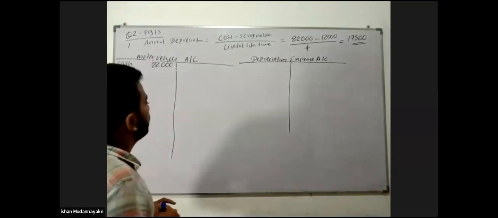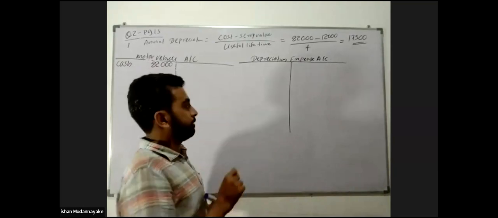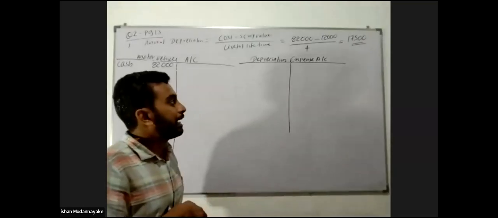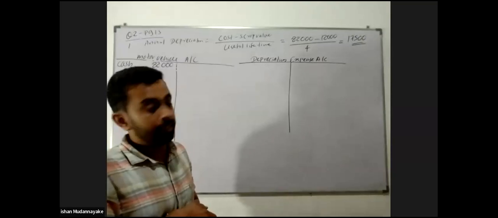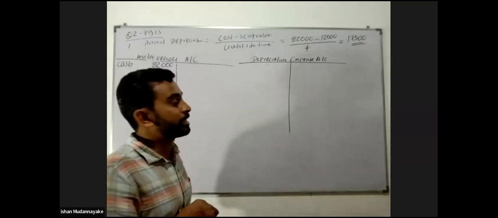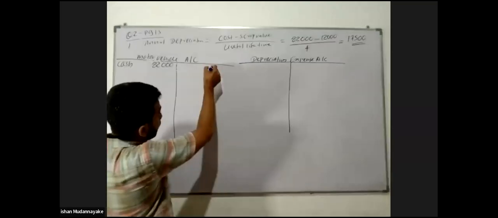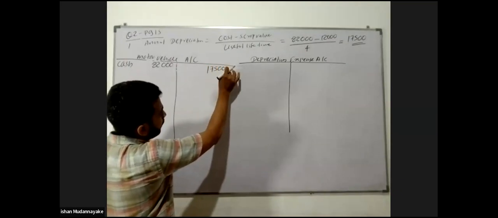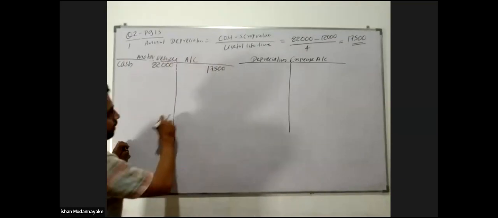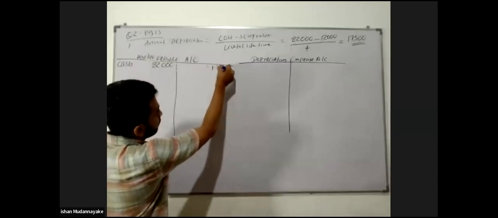In the first year, depreciation of how much? 17,500. Then how to pass the double entry for that 17,500? Motor vehicle account credit 17,500.